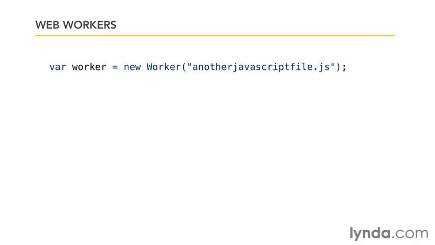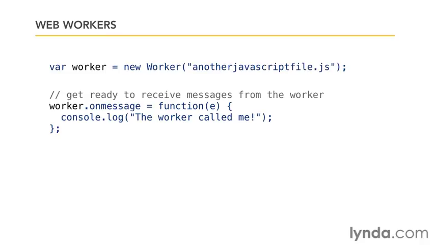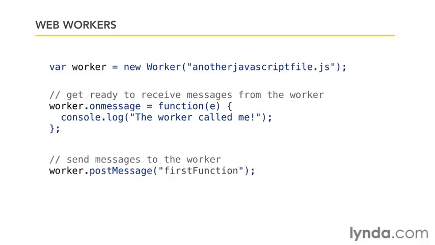Now, the worker object can't directly affect the DOM, so you have to allow it to generate events and send them back, reacting to a message event from the worker the same way you might react to a click event from the user. And from your page, you can send messages to kick off certain functions in the worker itself. Now, web workers aren't supported in Internet Explorer yet, but are available in Chrome, Safari, Firefox, and Opera.